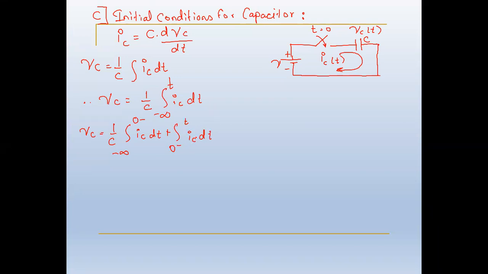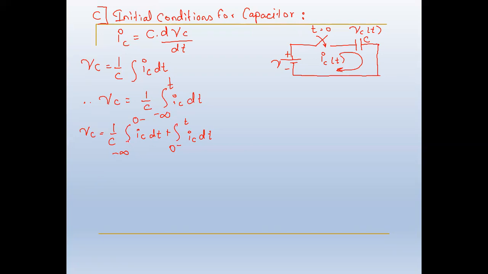Here the first term on the RHS, the right hand side, indicates the history period because it represents the voltage from t is equal to minus infinity to 0 minus, that is, the initial voltage across the capacitor. So it is denoted as Vc of 0 minus. So what is Vc of 0 minus?